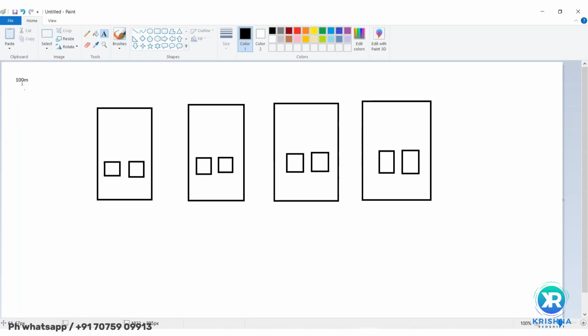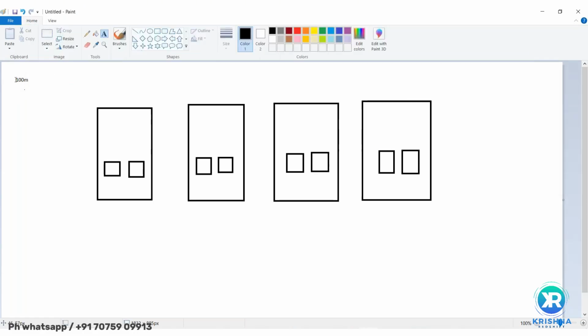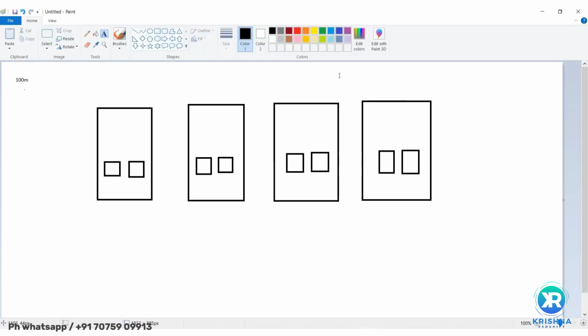So I have 100 million records, and I need to distribute them. But first, let's say I have only one node, an SMP architecture.